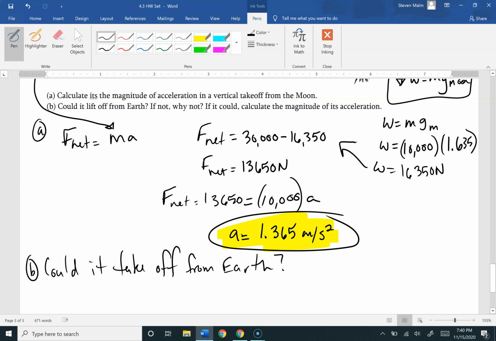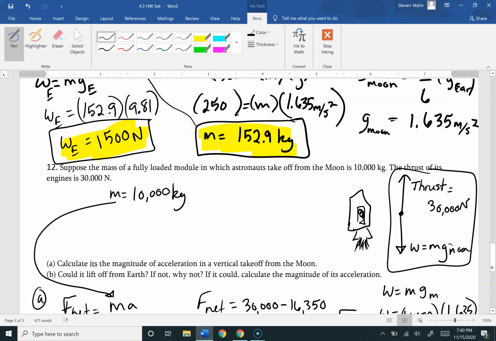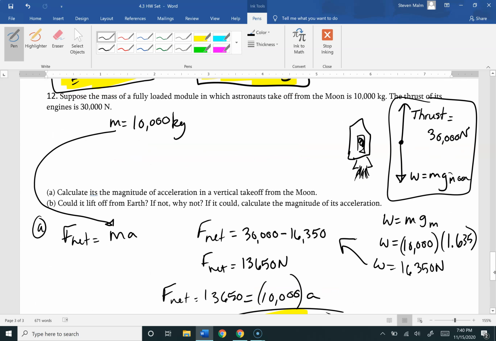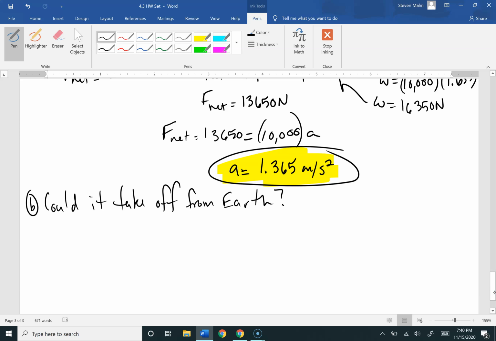Okay, so in order to figure out whether or not this could actually happen, we're going to go back to our free body diagram up here, and we're going to see that our thrust force, which is opposing gravity, is going to be the 30,000 newtons. The weight force on the Earth would be m times 9.8.